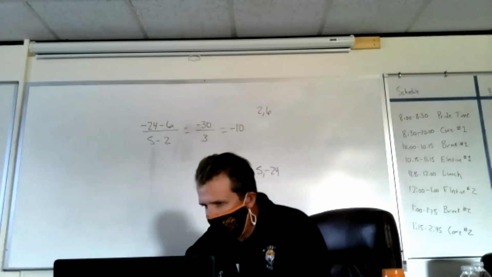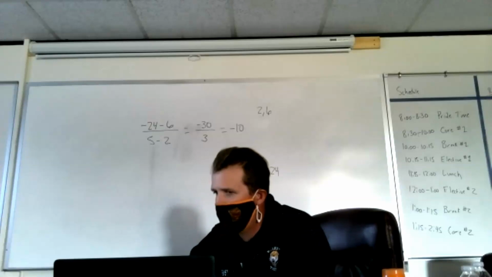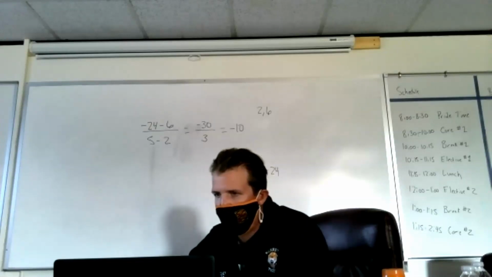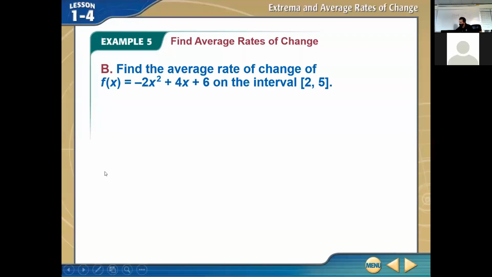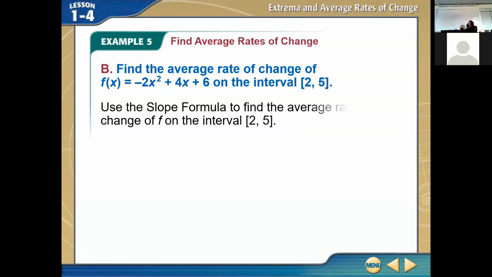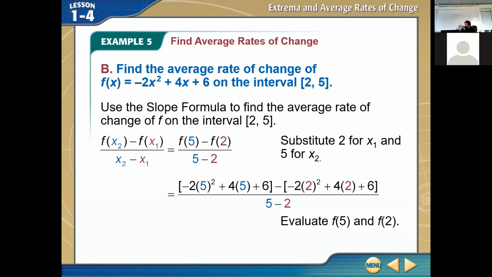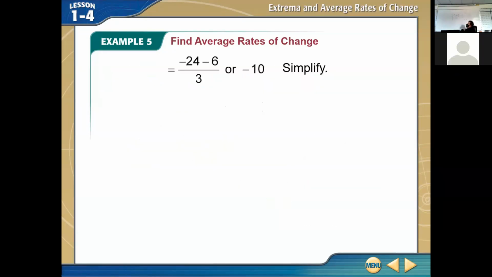So more or less, we've been given a curve. We draw a straight line through it. And then we take the slope of that line. Okay, once again, probably the hardest part is finding the actual points. So when they plugged in 5, they got -24.